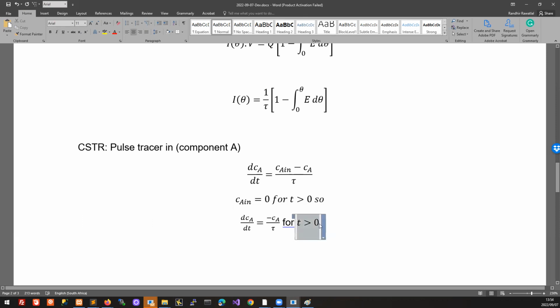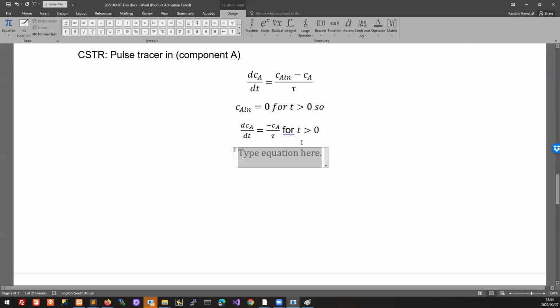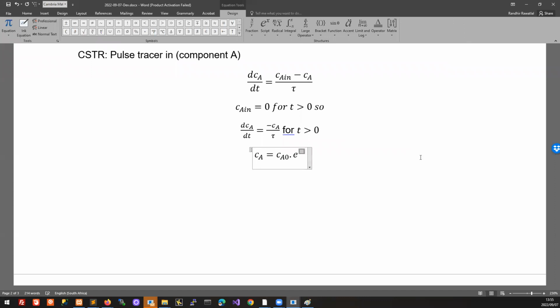You might be saying, well, this is so unpleasant, more than 0 and all this, but I can fix my time domain. T equals 0 is complicated, I'm pulsing tracer in, so I want to simplify it and just consider times greater than 0. If that's true, and we can see that's true from the mass balance, then we can integrate this equation. This is very easy to integrate. It is simply a first order ODE, and this has the solution CA equals CA naught, whatever that is, times e to the minus T over tau, right?